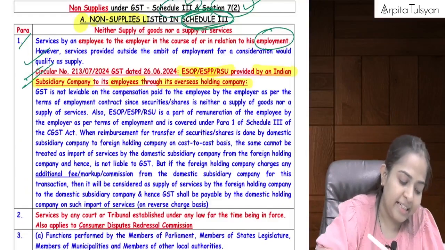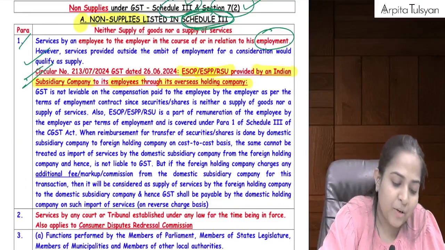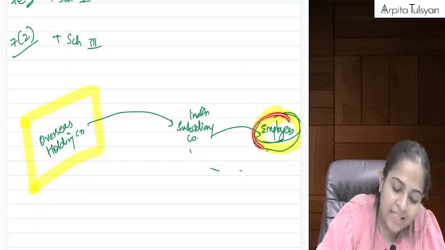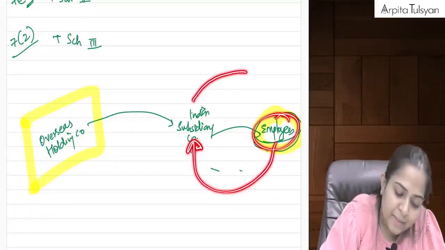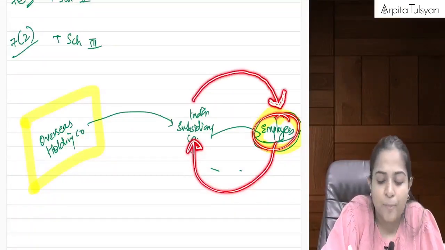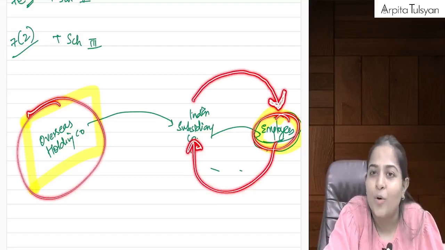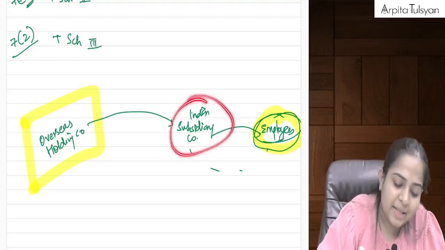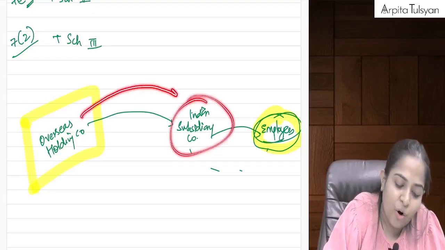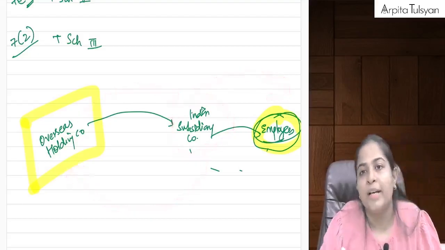Now here another thing which they clarified by way of circular was, okay, now please try to understand. Can we say here these people are the employees of the Indian subsidiary company? The Indian subsidiary company should have given the ESOP to the employees, but actually they are giving the securities of the overseas holding company, right? So now what is happening here? Basically, the Indian subsidiary company will take the securities, give them to the employees, and it will have to pay to the holding company?